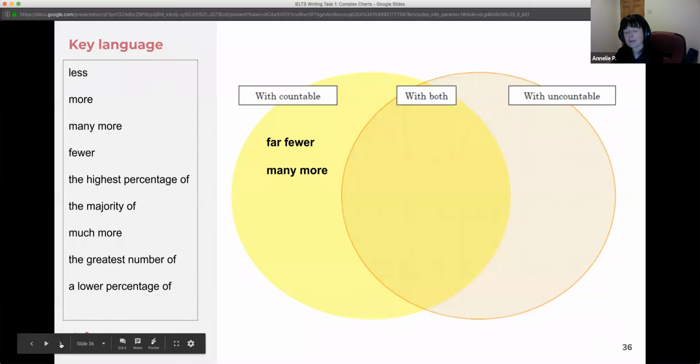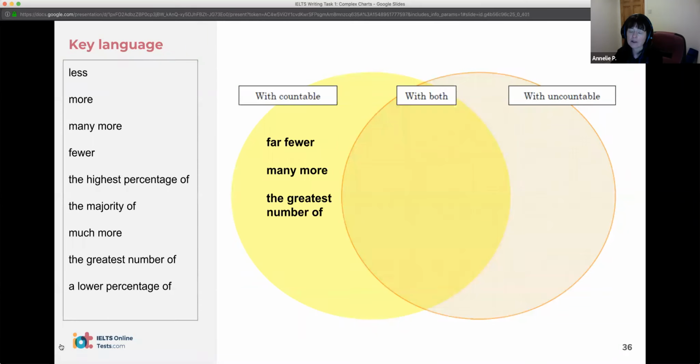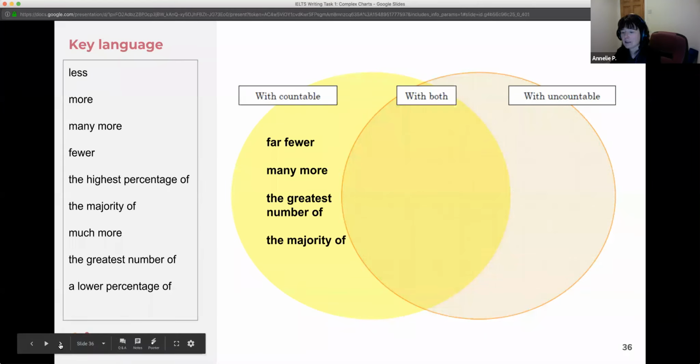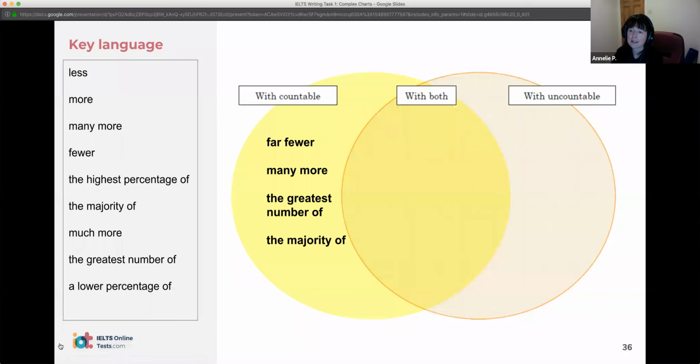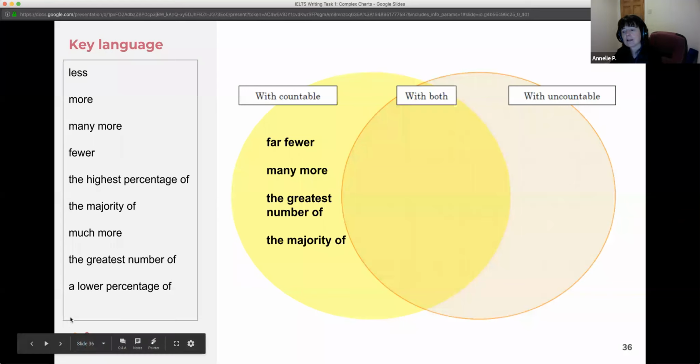Many more, okay, so few, fewer, many, always with countable nouns, okay. The greatest number of, so again, number is one of those words you can only use with countable nouns, okay. And as a lot of people put, the majority of, so the majority of has to be countable, okay. What can we put in the middle? What works with both countable and uncountable?